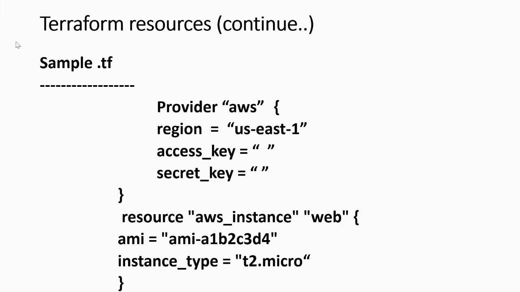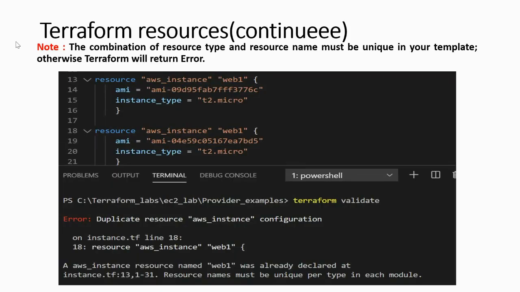Here there is a note: the combination of resource type and resource name must be unique, otherwise Terraform will return an error. If you observe the configuration file below, I just want to create two AWS EC2 instances. For that I have defined two resource blocks, and for both resources I have defined the local name as web1.